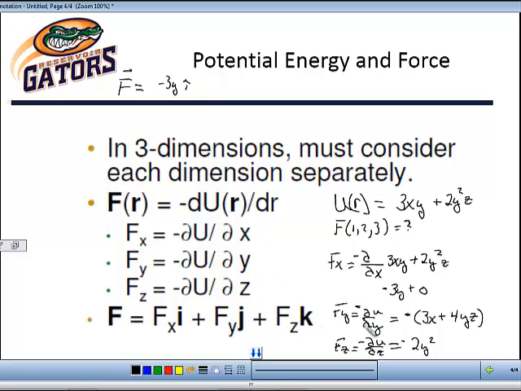And then the y component is negative 3x minus 4yz. So it's negative 3x. Well, I'm going to put a plus sign in and just do it this way so I don't screw up the signs with distribution. 3x plus 4yz, and that's in the j direction.